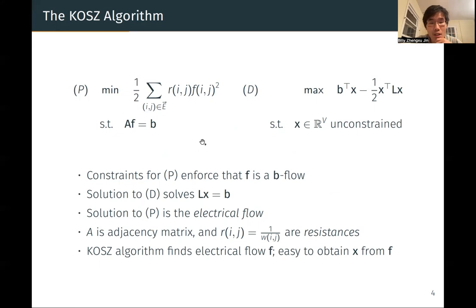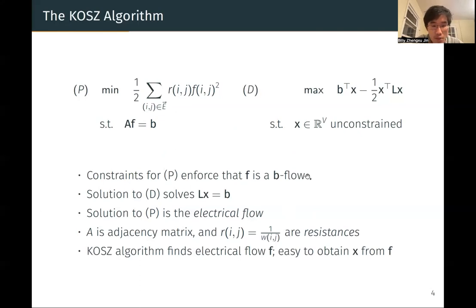That's what a b-flow is called. And the objective of the primal is to minimize the L2 norm of f, weighted by these resistances r_ij, where r_ij is simply the reciprocal of the weight on edge ij. And from now on, we'll be working with the resistances of the graph instead of the weights, just to make the notation simpler.